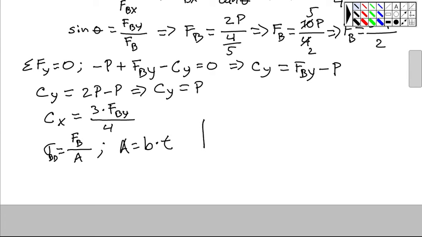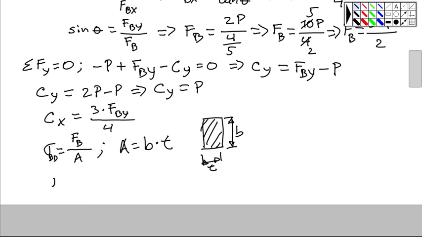So if we have, this is T and this is B, this is the cross section.